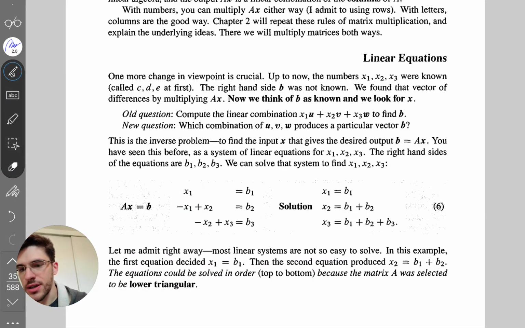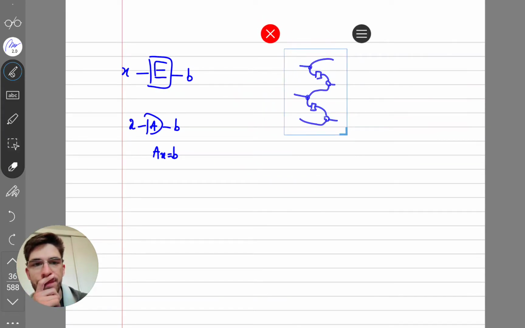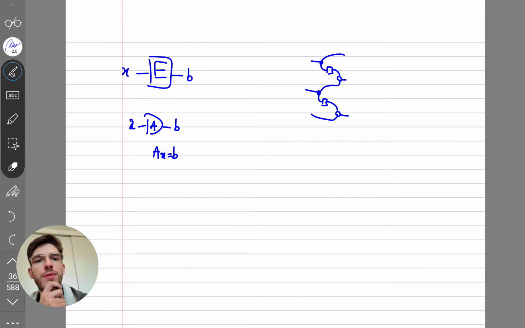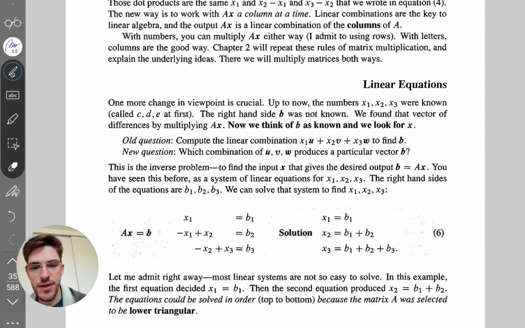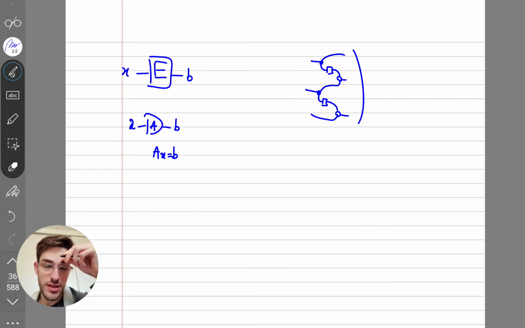What does that look like graphically? We want to solve it, so we know some b's, and note that we want to solve it in the general case. For any b's, we want to find the x's. So we're literally inverting the matrix.